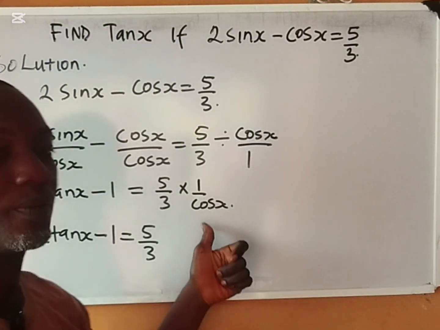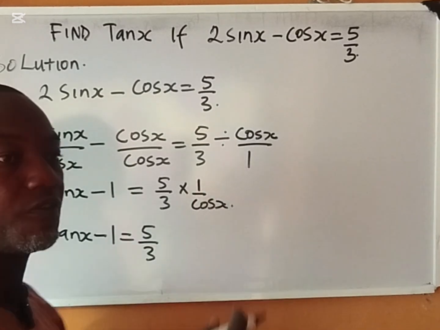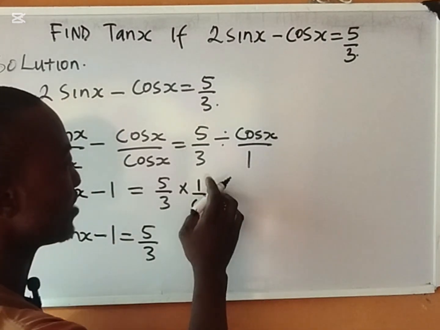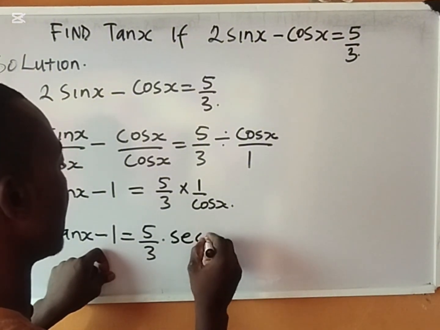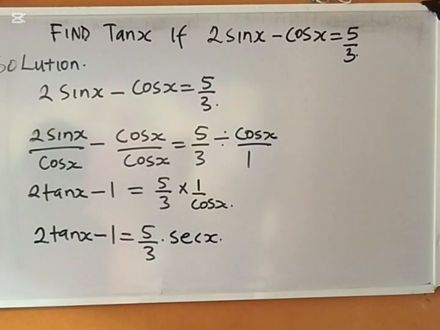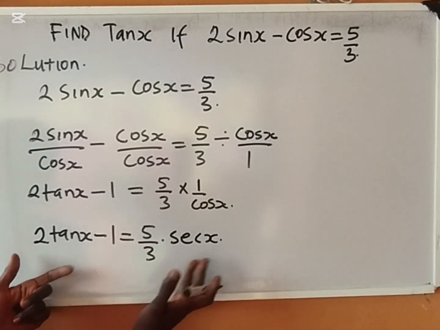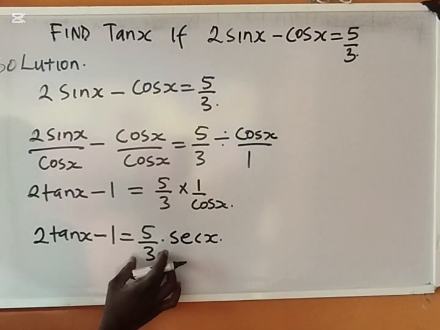This is the second trigonometric identity we are going to be applying. The inverse of cos of an angle is sec. So 1 over cos x will be times sec x. Having gotten to this point, I want to straighten out this equation by multiplying both sides of the equation by 3.